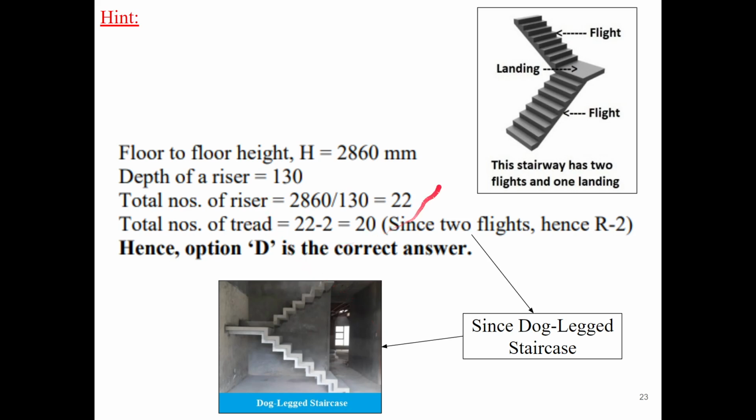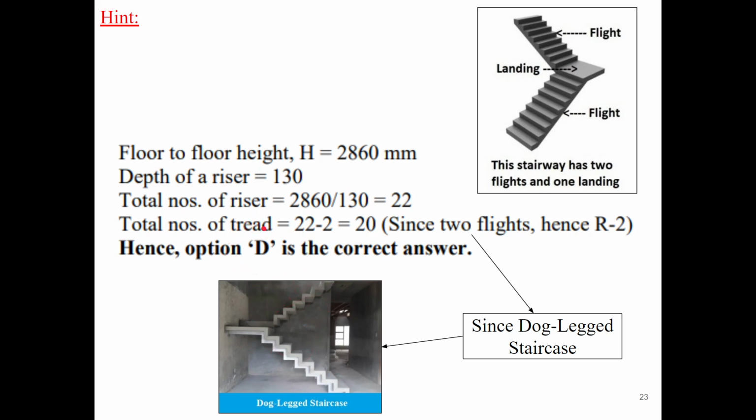In this case there are two flights. This is one flight, this is another flight, as you can see, because it is a dog-legged staircase. The total number of risers is 22, but because there are two flights, each flight will have one less tread.